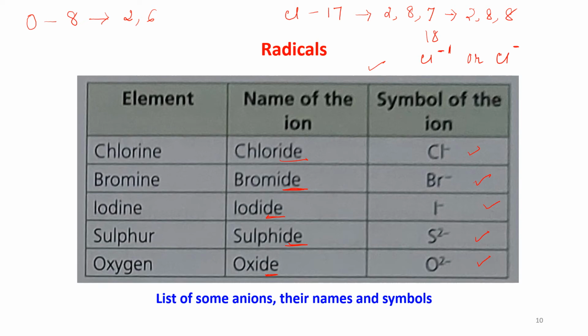After gaining 2 electrons, its number of electrons will become 2 and 8, that is 10. As it is gaining 2 electrons to become a stable configuration, its valency is -2. So the symbol of that ion is O2-, which is represented by the name oxide.